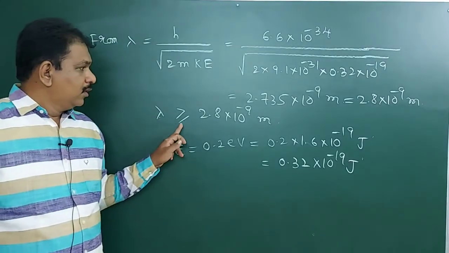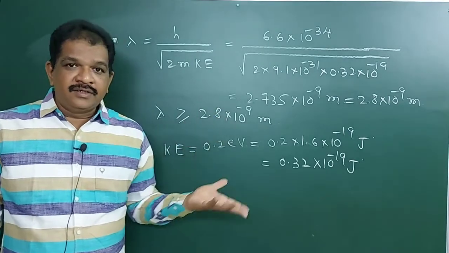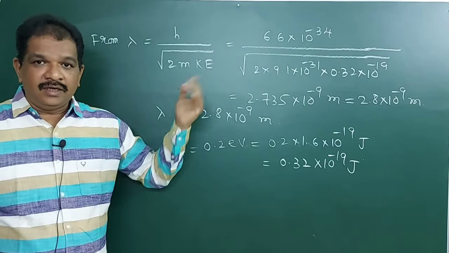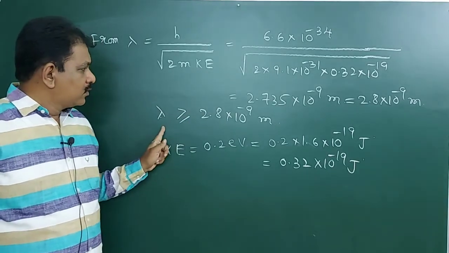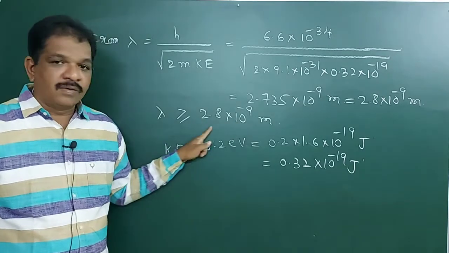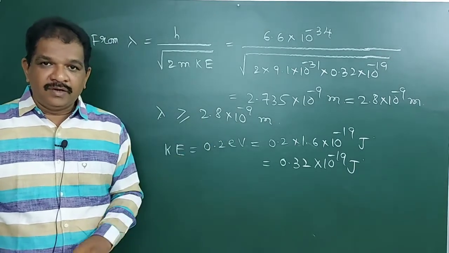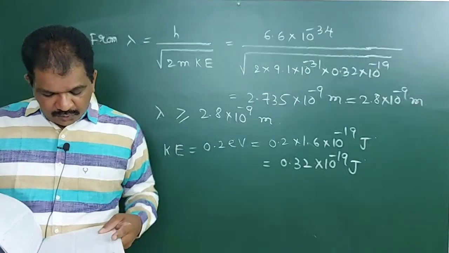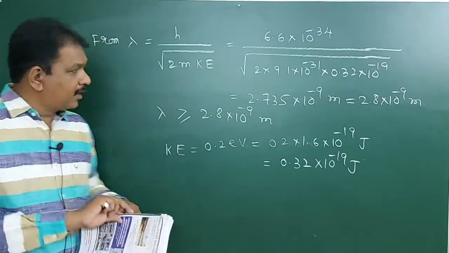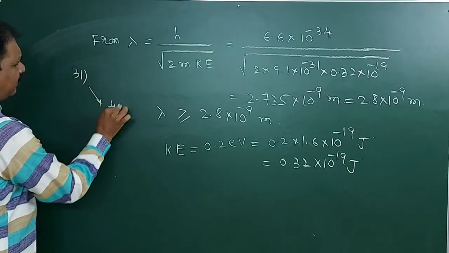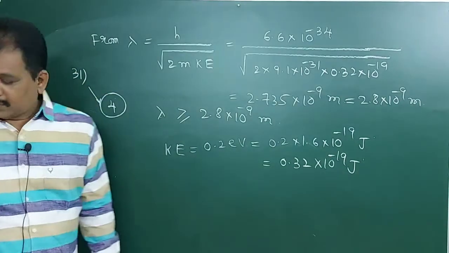Now, if incident energy increases, what will happen? Automatically Ke will increase. So the de Broglie wavelength minimum value is this one, or more than that we will get. So this will be the answer for it. So the option for 31 will be the fourth option.